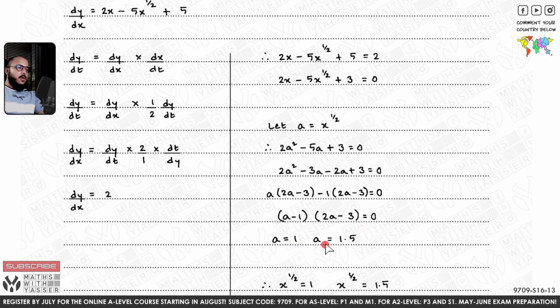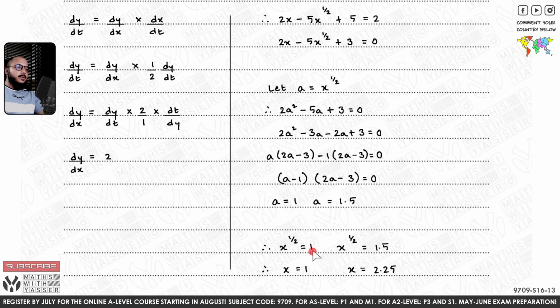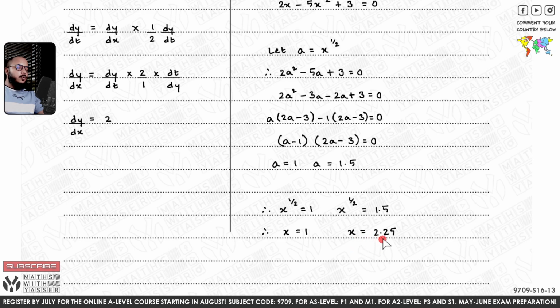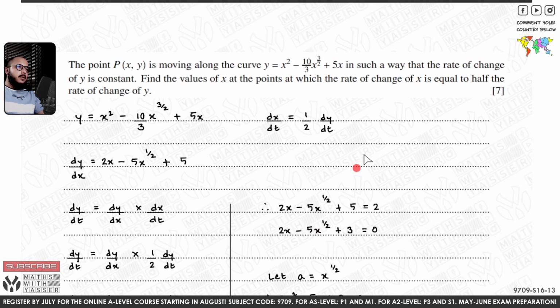Therefore a is equal to 1 and a is 1.5, which means x to the power half is equal to 1 and x to the power half is 1.5. So if I square both sides, I get x equals 1, and if I square both sides, I get x equals 2.25. So these are the x values they were looking for, for which the rate of change of x was equal to half the rate of change of y.